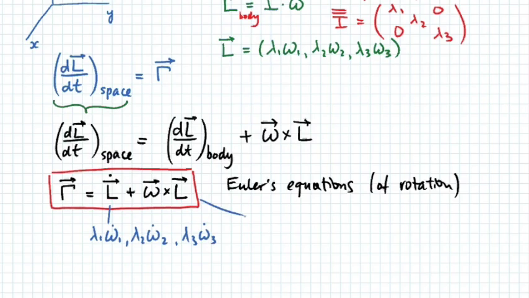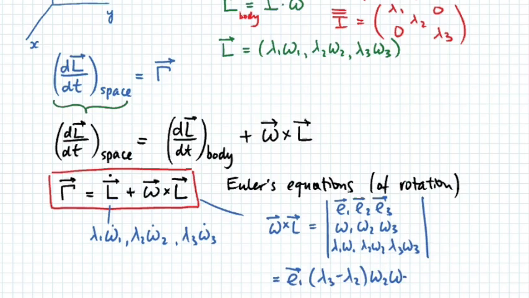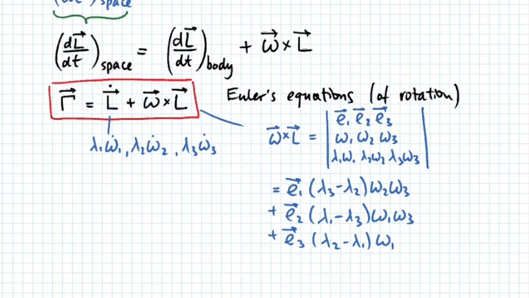The second term, we have to compute the cross product, which in the body frame is given by the determinant: unit vectors E1, E2, E3, components of omega, omega 1, omega 2, omega 3, and components of the angular momentum, lambda 1 omega 1, lambda 2 omega 2, and lambda 3 omega 3, which gives us three components: E1 unit vector times (lambda 3 minus lambda 2) omega 2 omega 3, plus E2 times (lambda 1 minus lambda 3) omega 1 omega 3, plus E3 times (lambda 2 minus lambda 1) omega 1 omega 2.